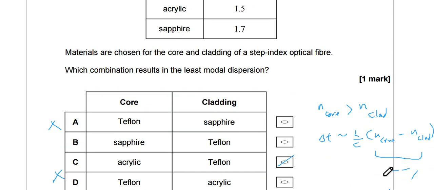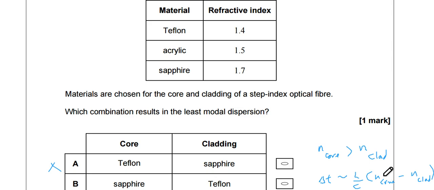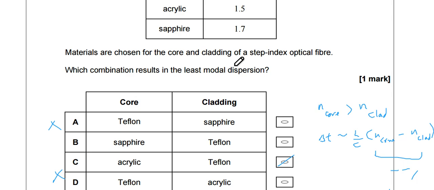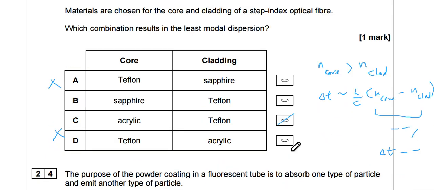If we look at the choices, we will firstly reject A and C because the core, which is Teflon, is 1.4, the least one, so it cannot be. For B and C, sapphire core has a refractive index greater than Teflon, but the difference is not as small as between acrylic and Teflon. So we will certainly choose C.